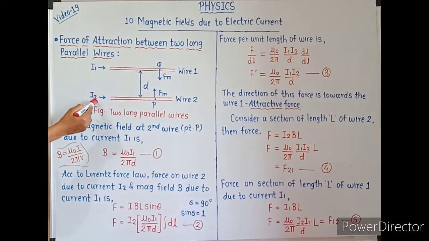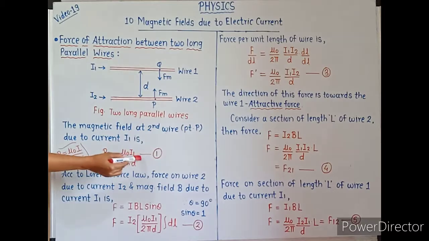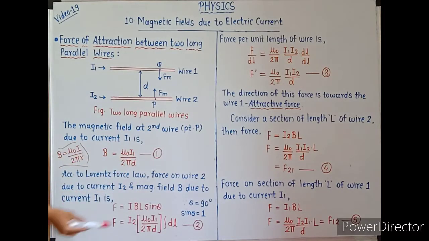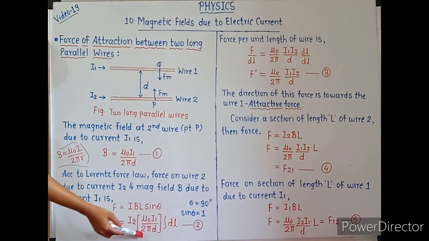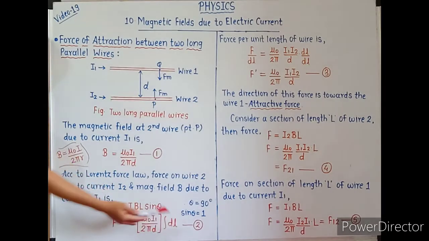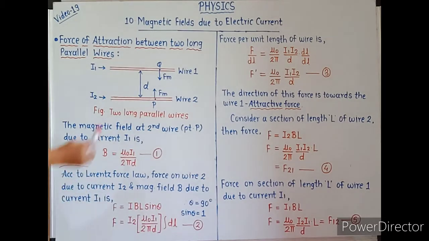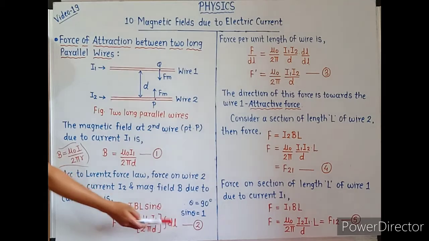But I2 is the current flowing through wire 2, so here I is equal to I2. And the magnetic field B due to current I1 is mu 0 I1 upon 2 pi d. And L is equal to the integration of dl, as this wire is made up of very small elements of length dl.